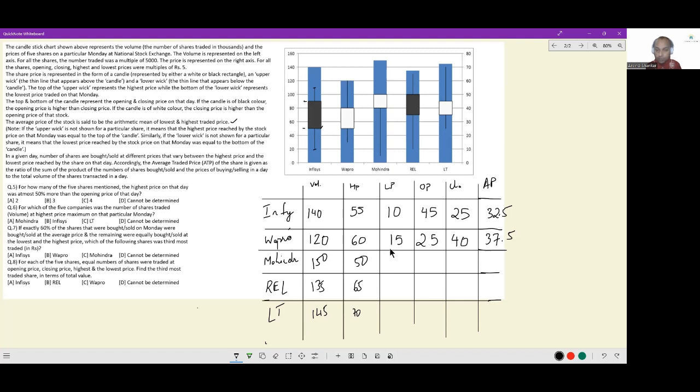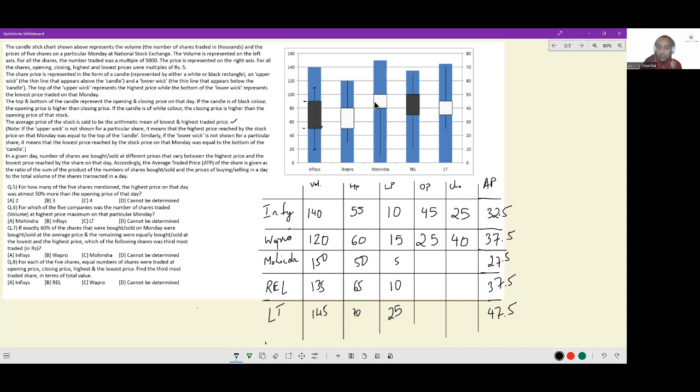Lowest prices for Mahindra is 5. For REL is 10. For LT is 25. 50 plus 5 by 2 is 27.5. 65 plus 10 by 2 is 37.5. And 70 plus 25 is 95. 95 divided by 2 is 47.5. I have the average prices also.